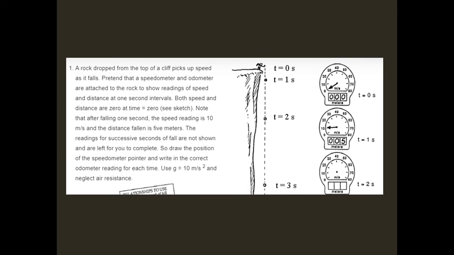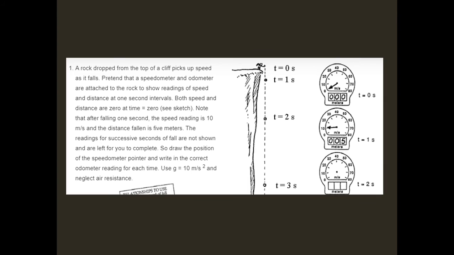See sketch. Note that after falling 1 second, the speed reading is 10 meters per second and the distance fallen is 5 meters. The readings for successive seconds of fall are not shown and are left for you to complete.